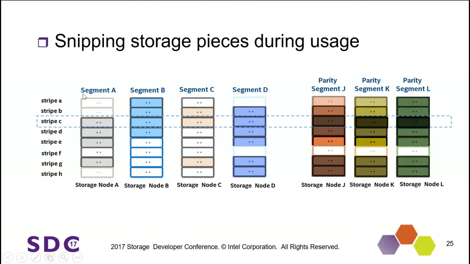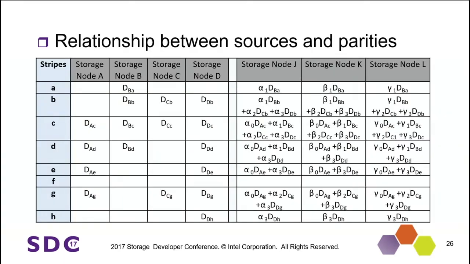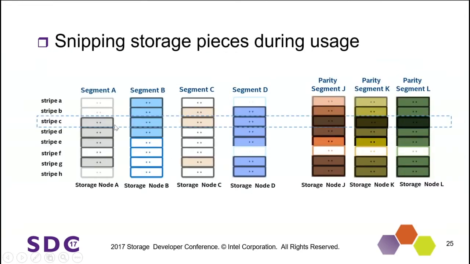Blocks between A, B, C, D have no relationship with each other, unless in the background they share the same parity segments. And this table shows the relationship between sources and parities in the diagram.